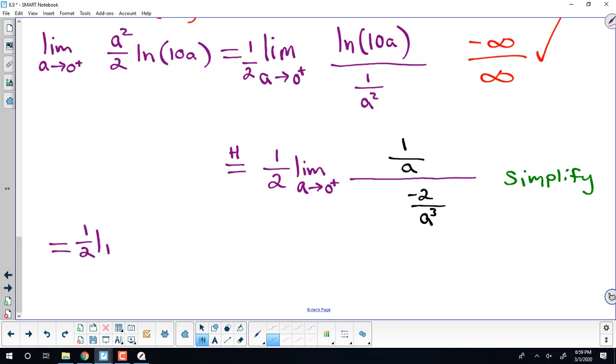We have 1/2 the limit as a approaches 0 from the right, and then we've got a cubed over negative 2a, or a squared over negative 2. As a approaches 0, we can now see that this does indeed approach 0, times 1/2 is 0.